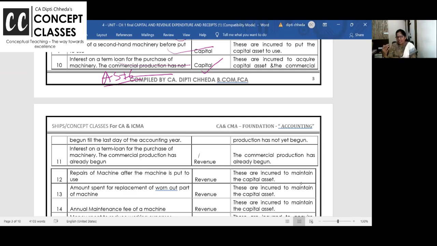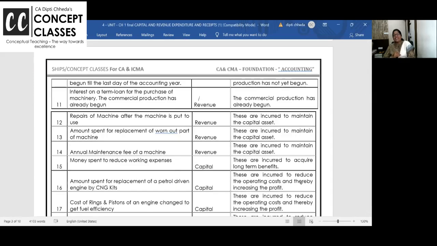Am I going fast in explanation or is it clear? Okay, no problem. This is very important, don't just skip it thinking it is not important. It is the base for many other chapters also.